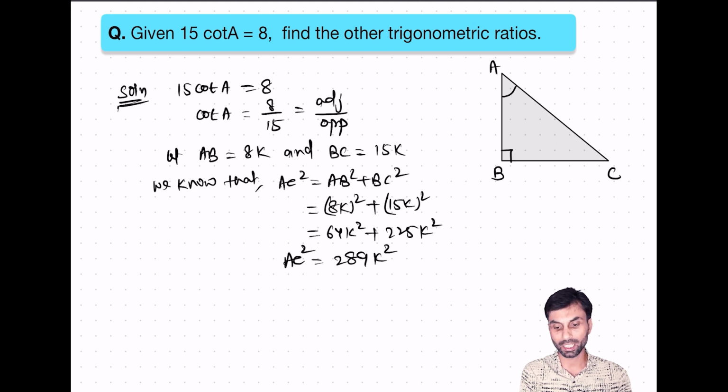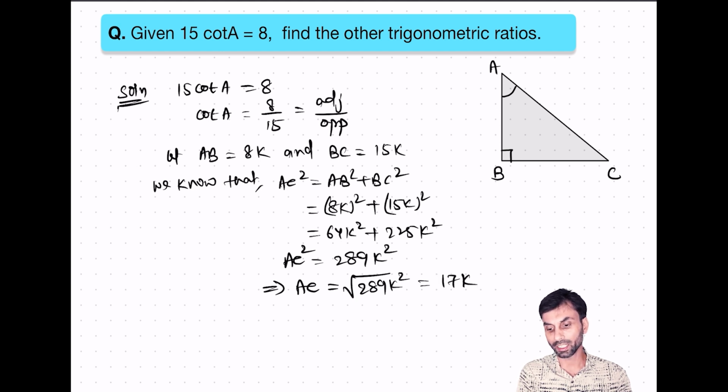This is the value of AC square. So the value of AC will be square root of 289K square, which is 17K. And once we have found the value of AC, we can find the other trigonometric ratios.